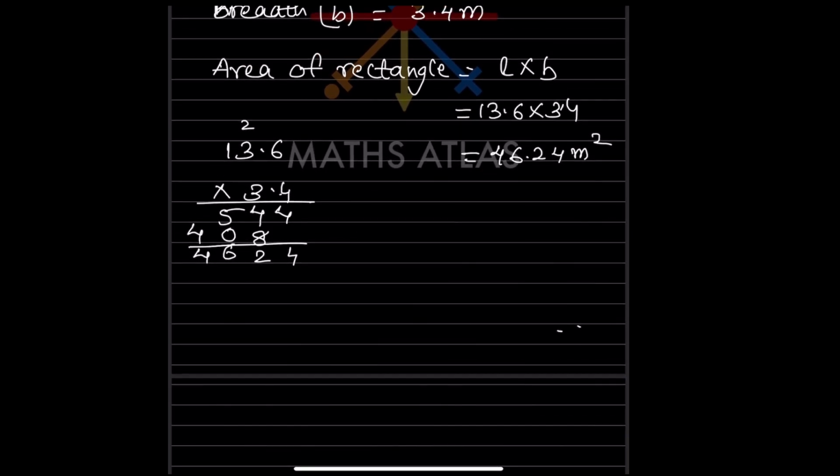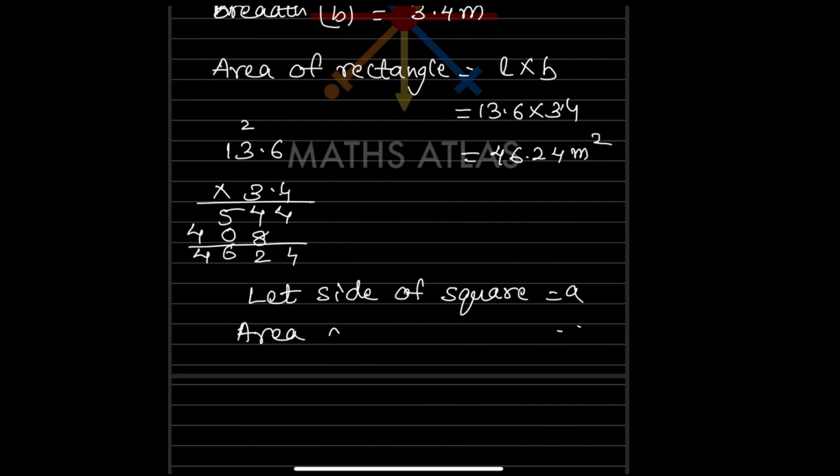So what will you write here? First we will write the area of a square. Before that, we can also write one thing. Let the side of the square be A, because we don't know what it is. Now what will you say, area of square?